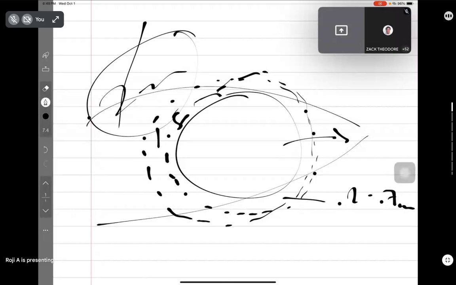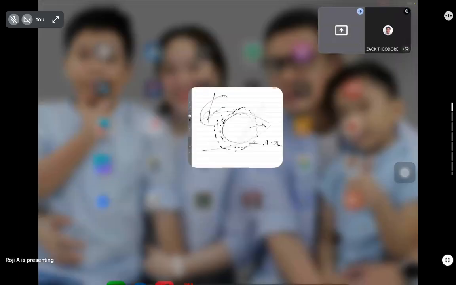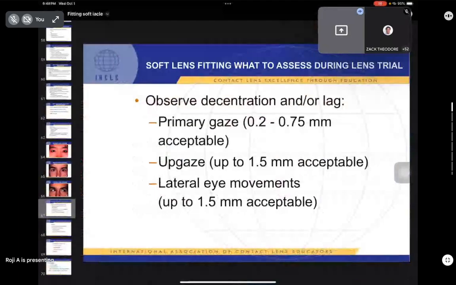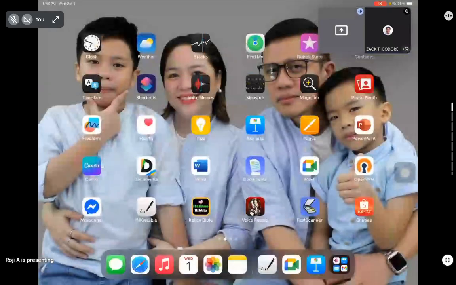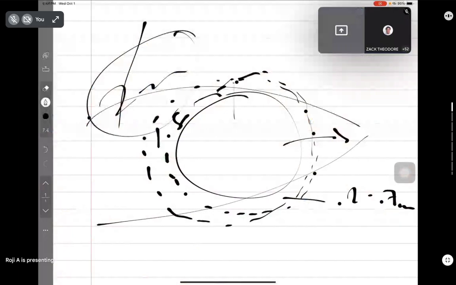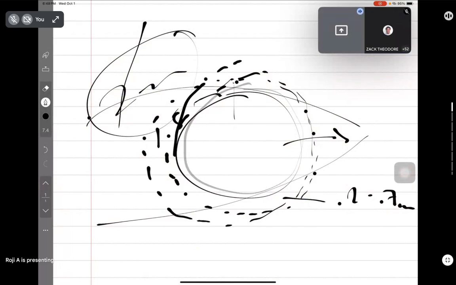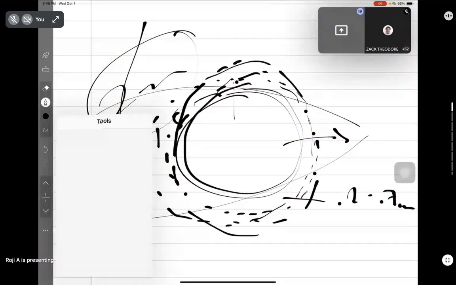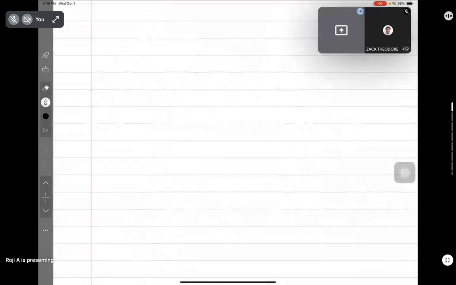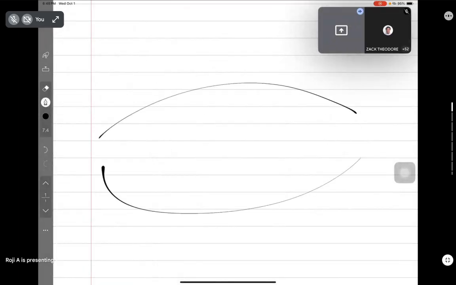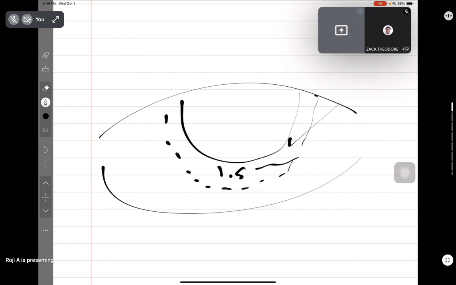Yes po, Doc. Okay, same goes with, as you can see here, up gaze, wherein looking, if I am now looking up, and there is a decentration when you look up over here, let me clear it for you. So there you go. If the patient is looking up and there's a decentration of about 1.5 millimeter, this is acceptable.